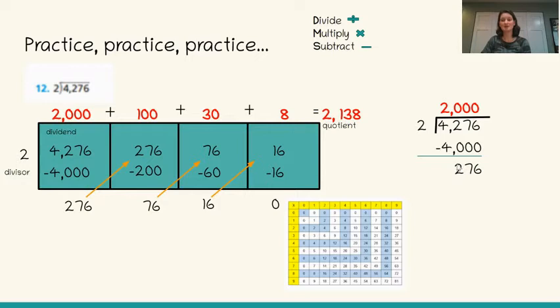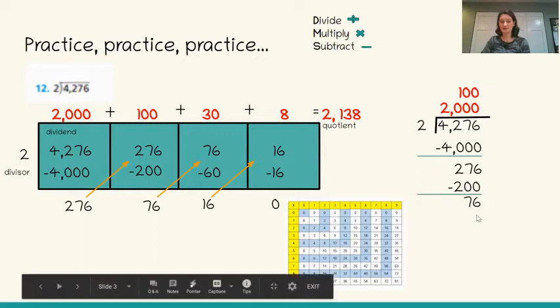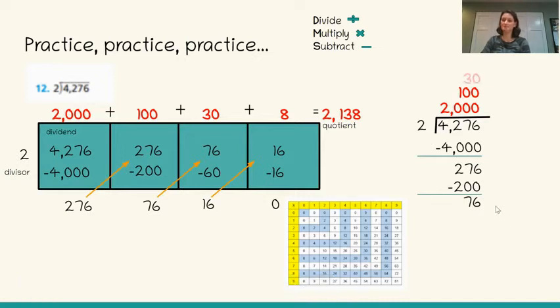Let's look at the hundreds. 200 divided by 2. 2 divided by 2 is 1, and we're in the hundreds place, so it's going to be 100 as a partial product. 2 times 100, because we divide, then we multiply, and then we subtract to see what's left. 76. Now we divide. 76 divided by 2.